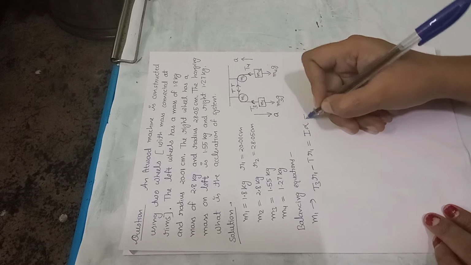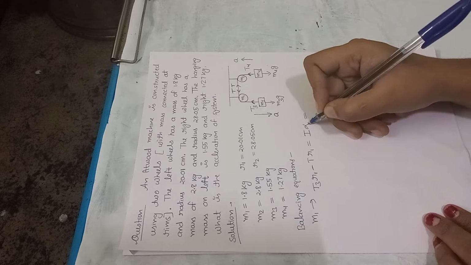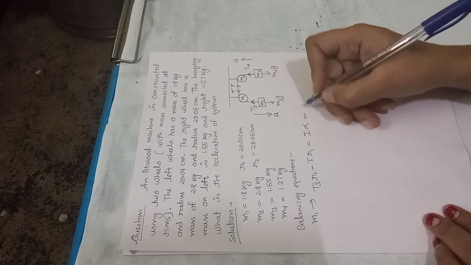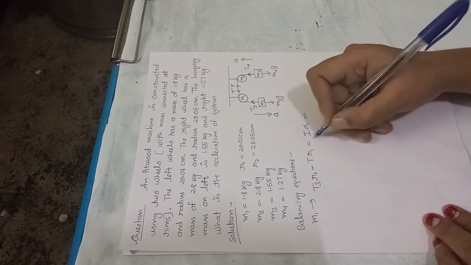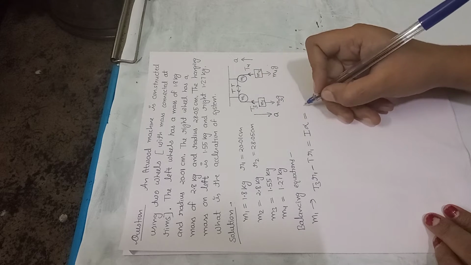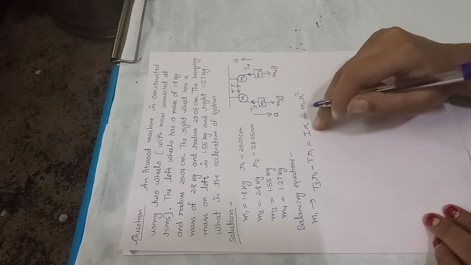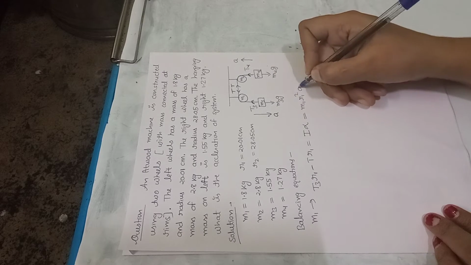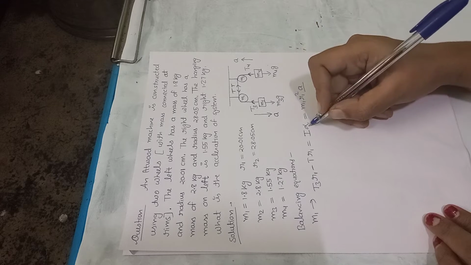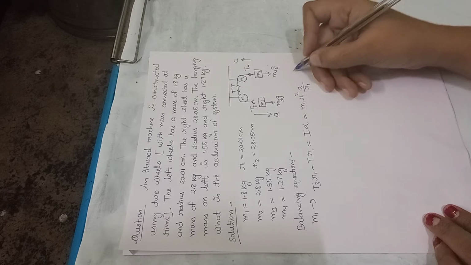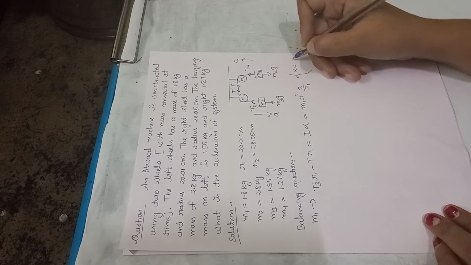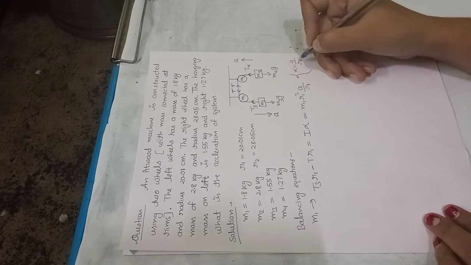I is the moment of inertia and alpha is the angular acceleration. We know moment of inertia for the wheel m1 is m1 r1 whole square, and the angular acceleration is related to linear acceleration as alpha is equal to a by r1.